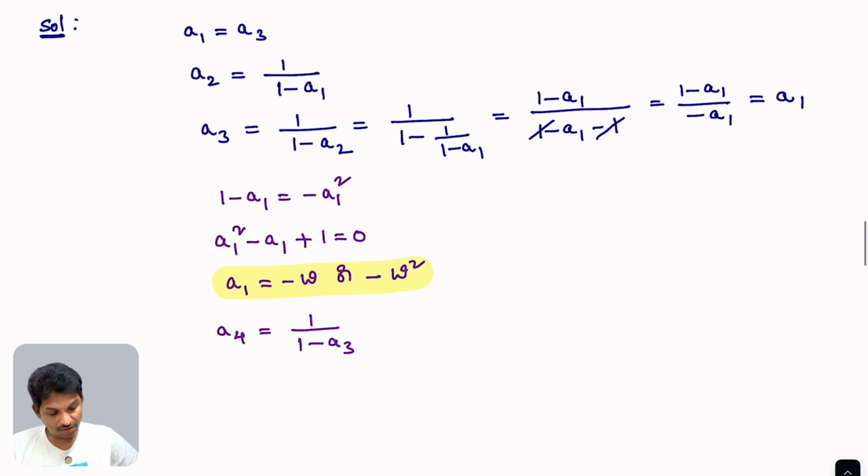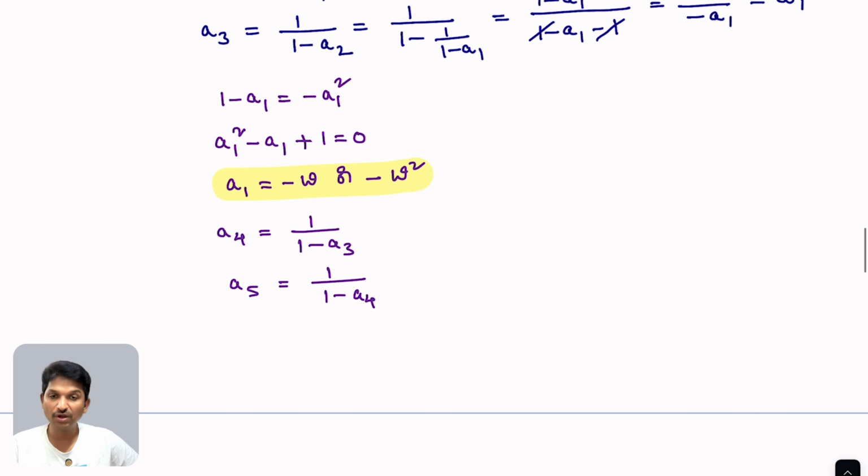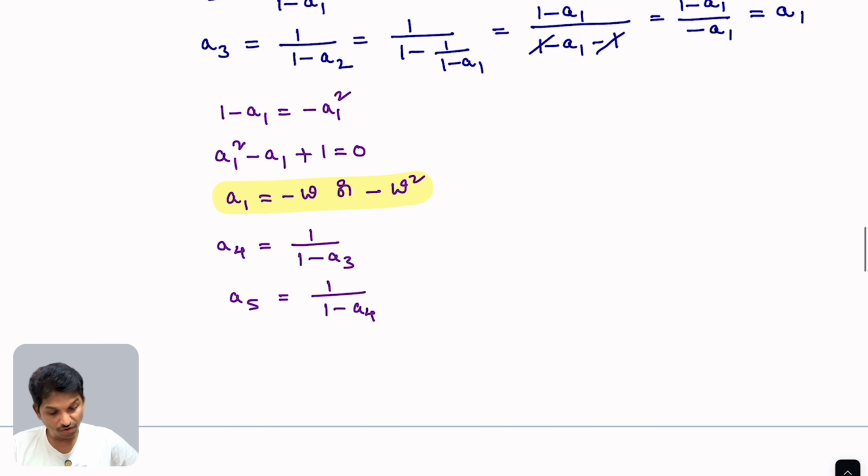Now you try to calculate a5. a5 is what? 1 divided by 1 minus a4. In this term, you put n equal to 4, you will get a5. Here you observe 1 divided by 1 minus a4. What is a4? a4 is 1 divided by 1 minus a3.